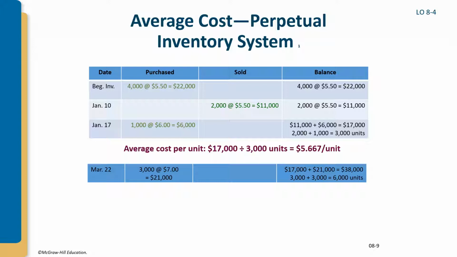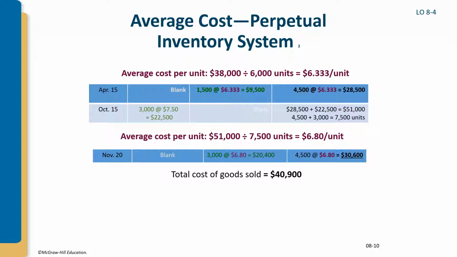So the cost of all of our inventory as of March 22nd is 38,000. The total quantity will be 6,000. There were 3,000 before this purchase. We just added 3,000 more. So we'll divide that 38,000 by 6,000 units. And we get an average cost of 6.333. And there it is. The average cost is now at 6.333.